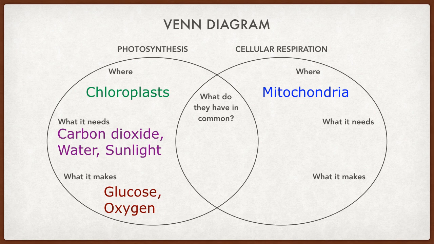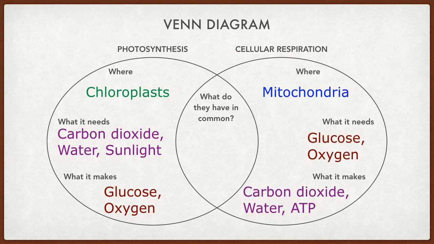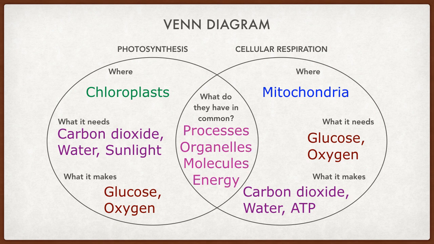And then kind of the opposite, cellular respiration needs the glucose and the oxygen, and then it produces carbon dioxide, water, and ATP. Some things that they have in common, they're both processes, they both take place in organelles, they involve the same molecules, and they both involve some form of energy.